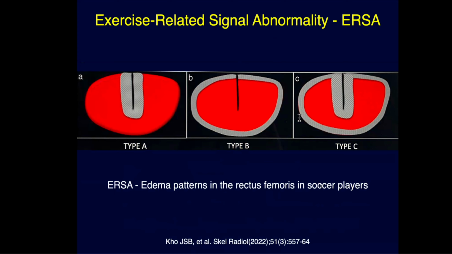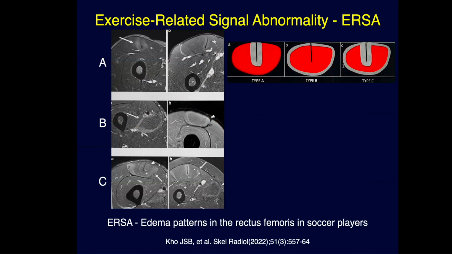And again, this was primarily done in soccer players. So this is an example of the type A, where you have the edema just around the tendon and the musculotendinous junction. Type B, where it's more peripheral. And then a type C, where you have both around the musculotendinous junction and the peripheral portion of the muscle.